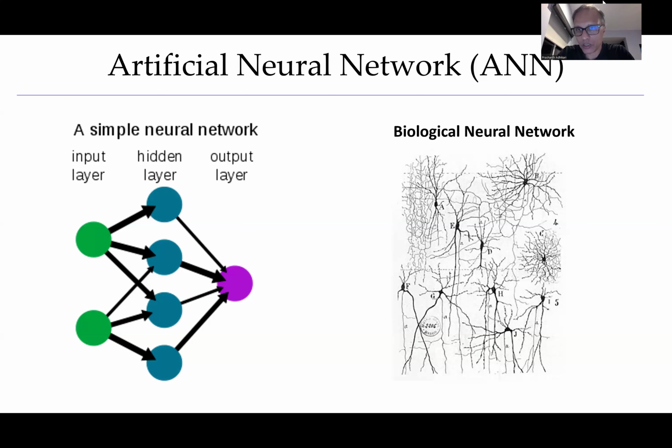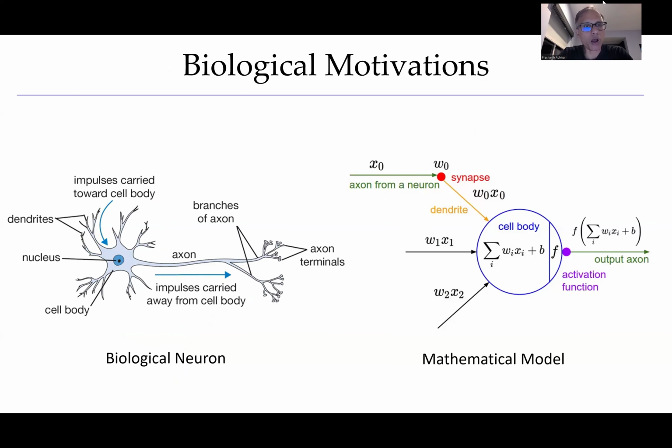And this is sort of similar to biological neural networks. Biological neural networks also have what are called neurons that receive information inputs, and you could think of that as transformations of vectors. They receive these impulses, these inputs, and then those impulses are carried away from the cell body of the neuron to what are called axon terminals.